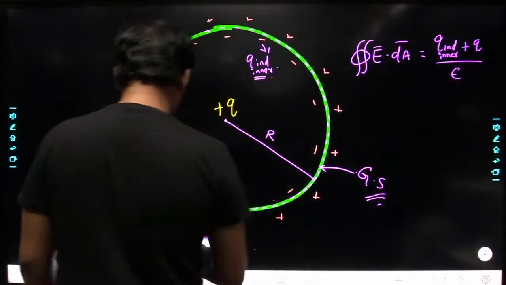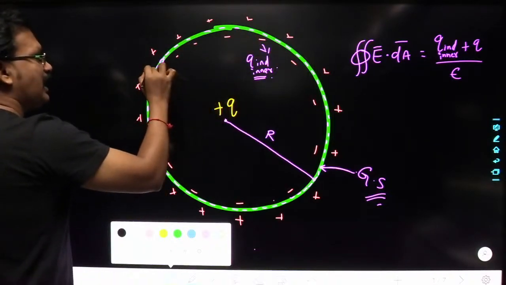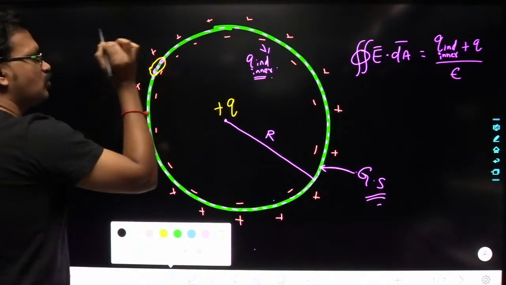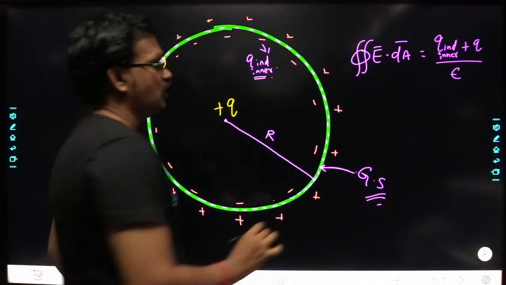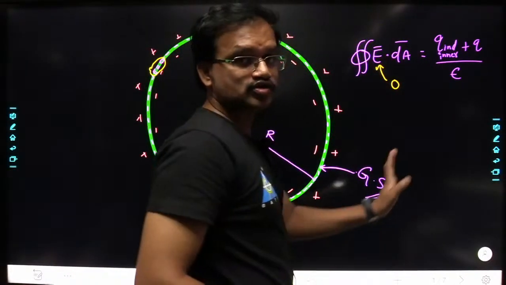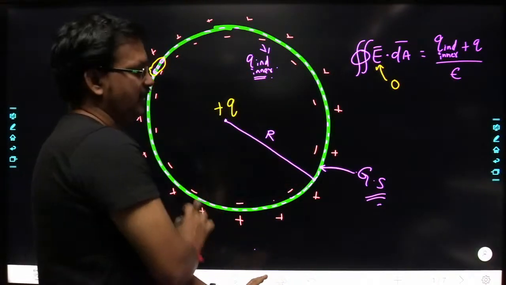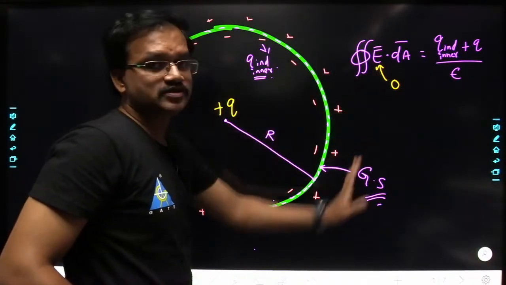We know that inside the conducting material the electric field must always be equal to 0. We are considering the Gaussian sphere inside the conducting material, so the electric field must be equal to 0.